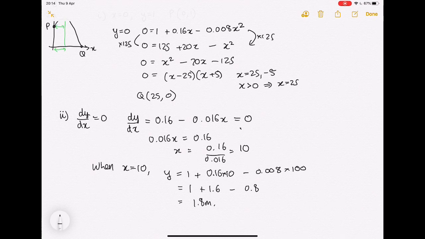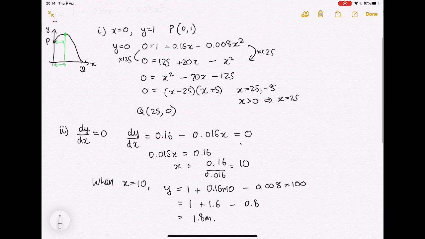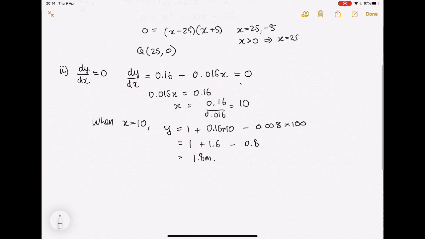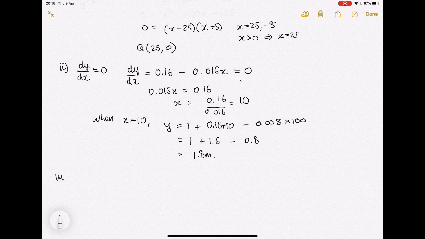Part 3. Part 3 says find the time taken for the projectile to fall from its highest point to the ground. There are lots of ways to approach this, but one way is by thinking of a new projectile that just goes from its highest point to the ground here, and we want to find how long it takes to reach the ground.